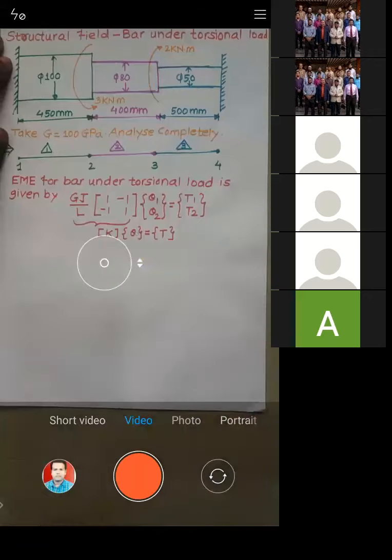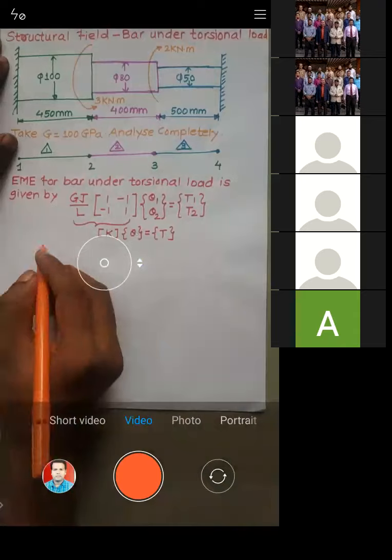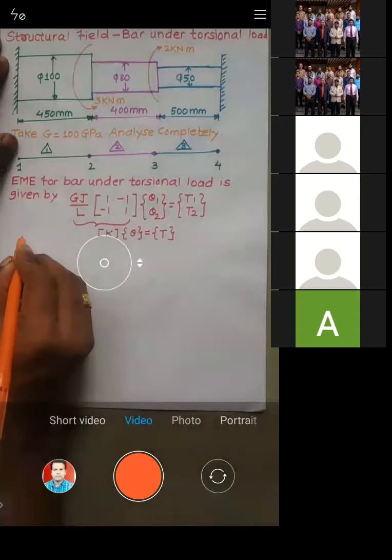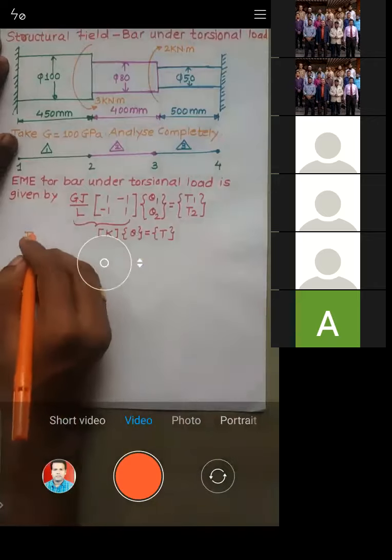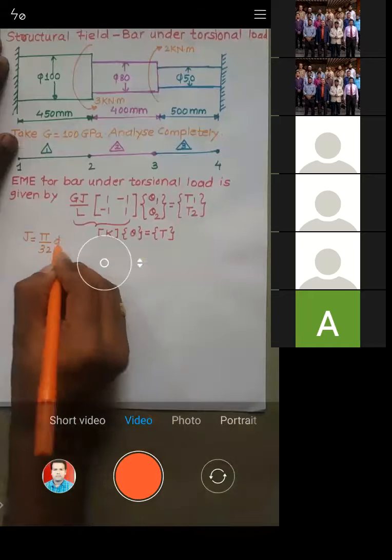For calculation of J, what is the formula for J when it is of circular cross section? It is pi by 32 d raised to power 4.